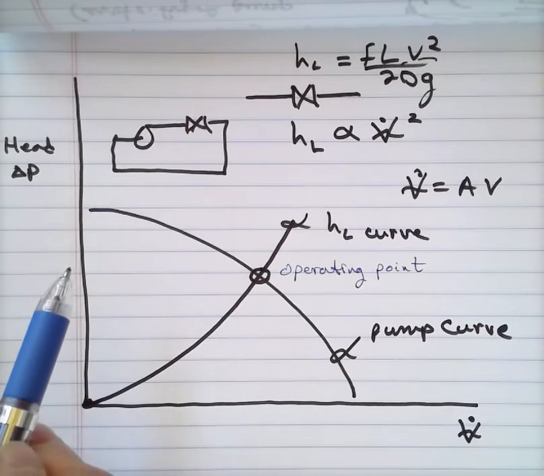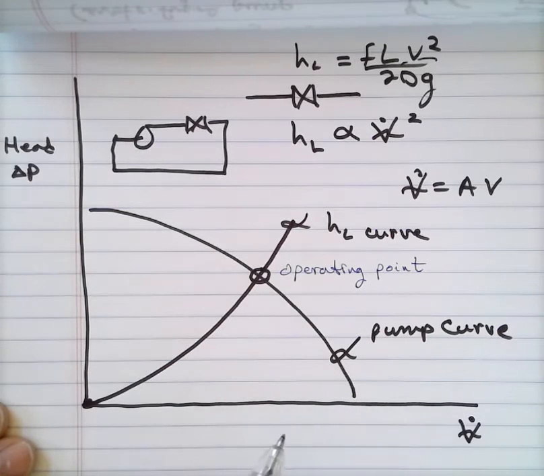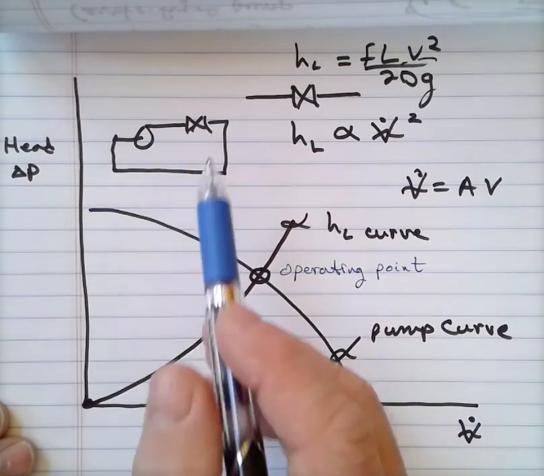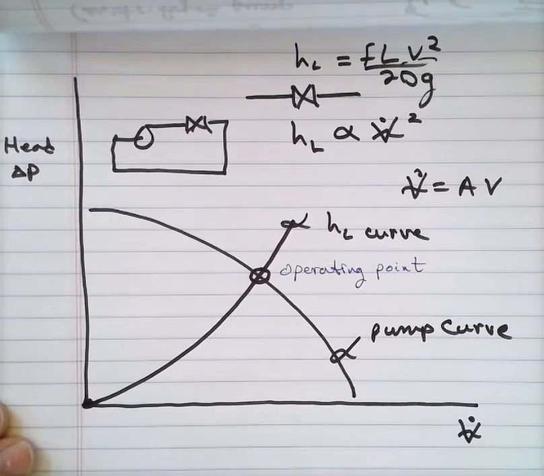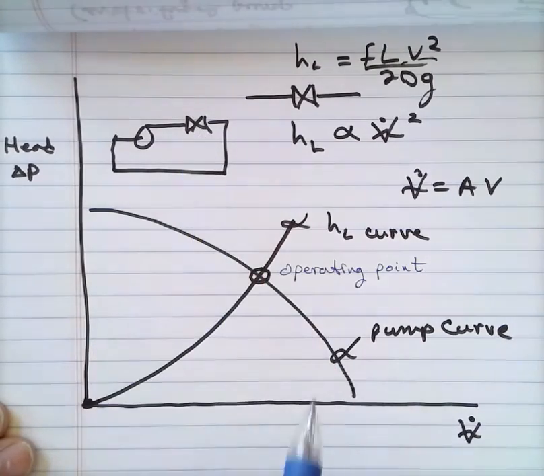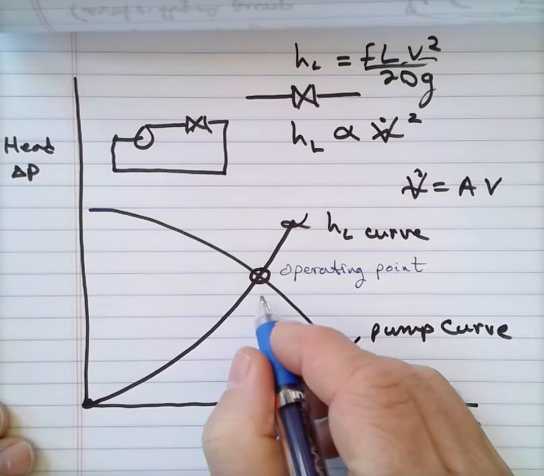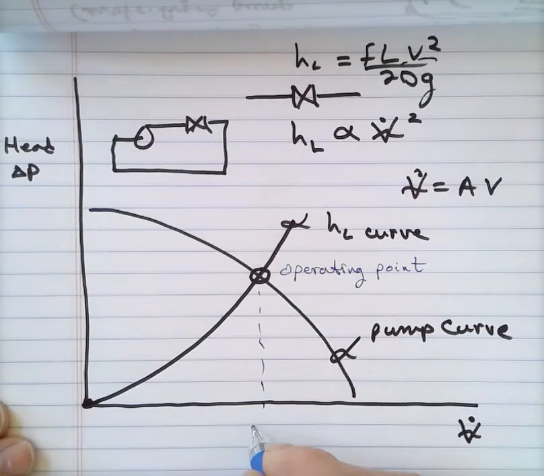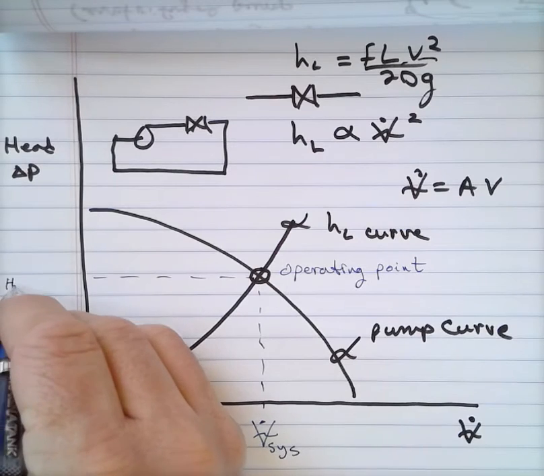While the pump can operate anywhere along this pump curve, and the fluid can flow anywhere along this head loss curve, notice that there's only one place for this system where the pump curve and the head loss curve intersect. And so that defines the point. It defines what the volume flow rate would be in this system and what the head would be.